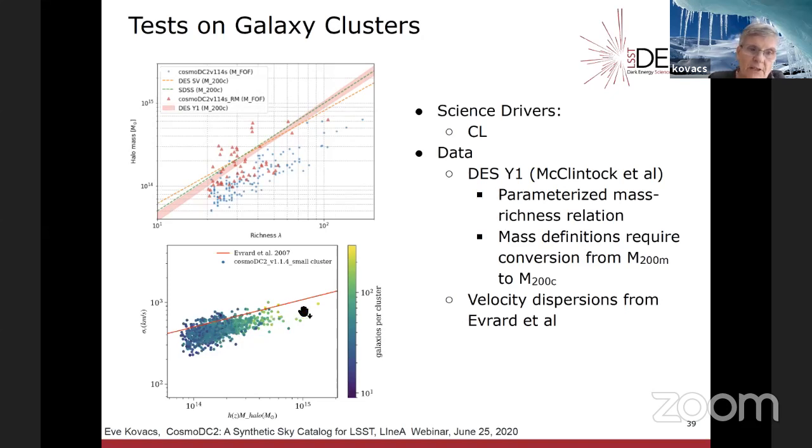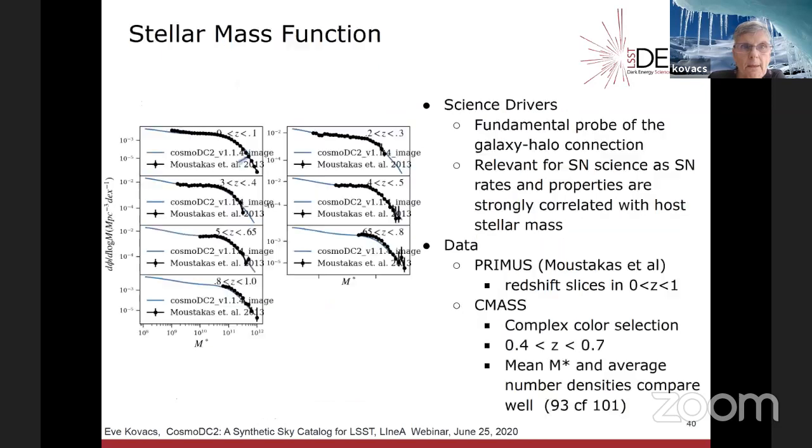And similarly for the velocity dispersion as a function of the adjusted halo mass. So both of these tests look pretty good. Some of them need a little bit more tweaking. We have to do some checks on the mass definitions to make sure that we're converting everything correctly, but these tests are still under some development.